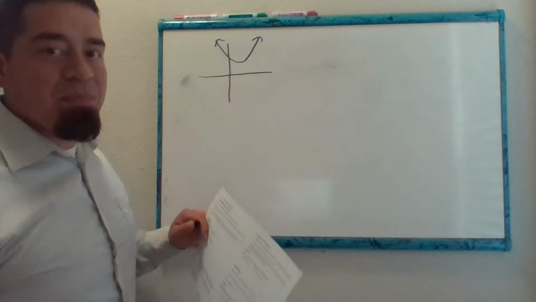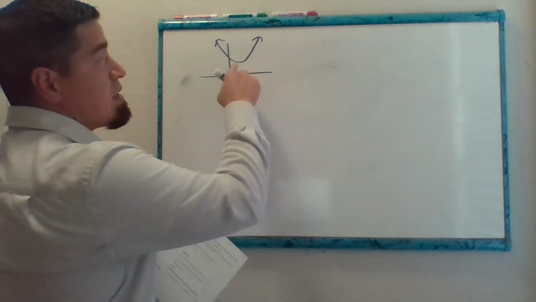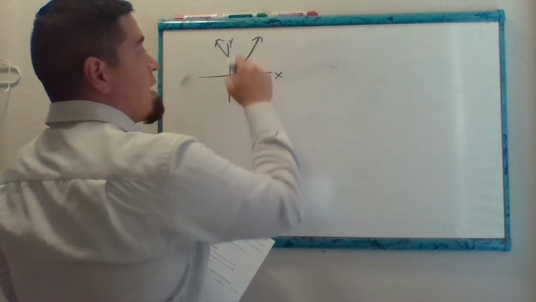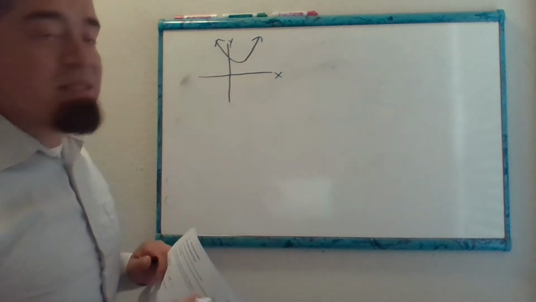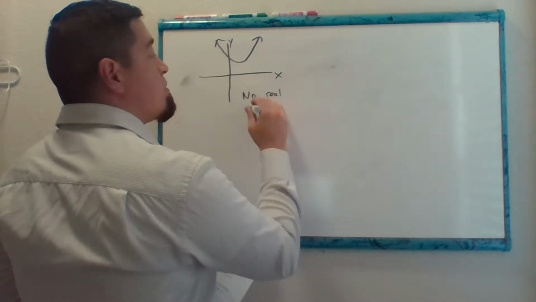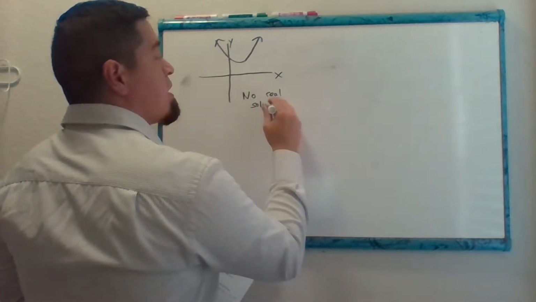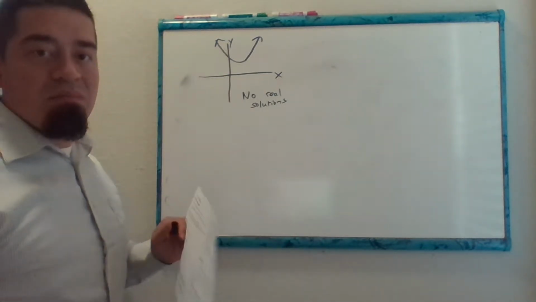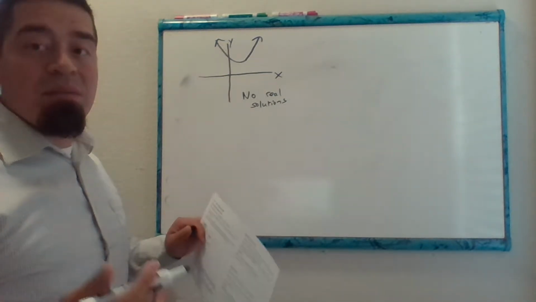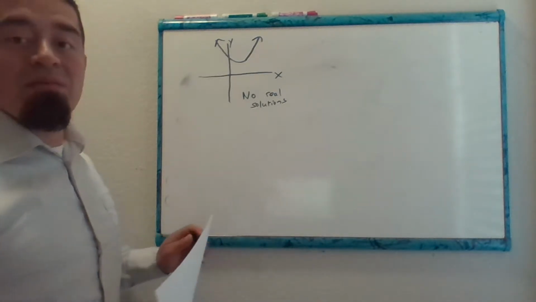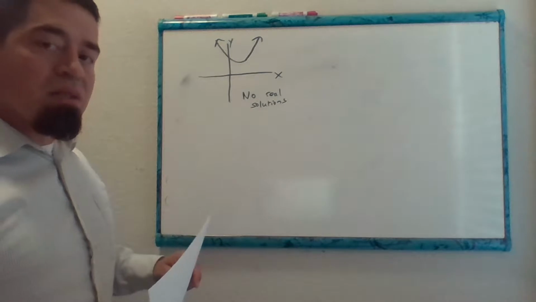As you can see, it does not intersect the x-axis at any point. Therefore, it has no real solutions. Real number solutions, we mean. And by real numbers, we mean the numbers that we know: -1, +1, 1.5, pi, 2.71. These are all real number solutions.